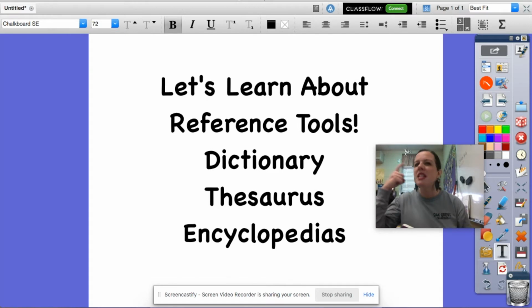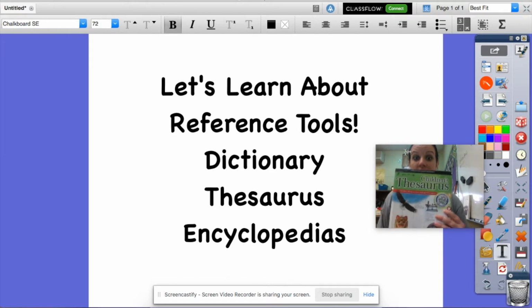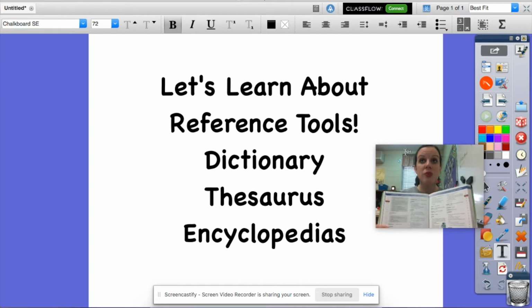You need some synonyms to that word. I would have to get a whole other book out called a thesaurus. And the thesaurus would give me the word nice, but it would also give me other words like kind or courteous. It would give me a list of words that meant the same thing. So that was the purpose of the thesaurus, was to give me a list of words.